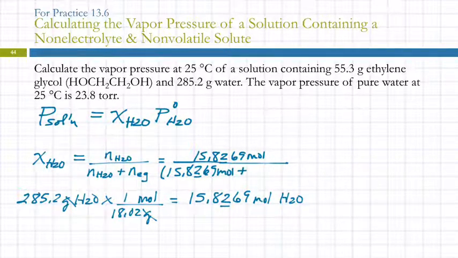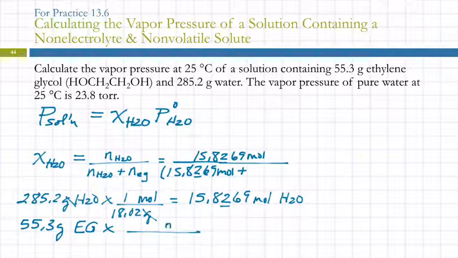And we have to add in the moles of ethylene glycol. Similar process, different molar mass, right? We've got the mass of ethylene glycol. So we're going to multiply by moles, divide by grams, and we need a molar mass. So we got 2 carbons there, 2 times 12.01.